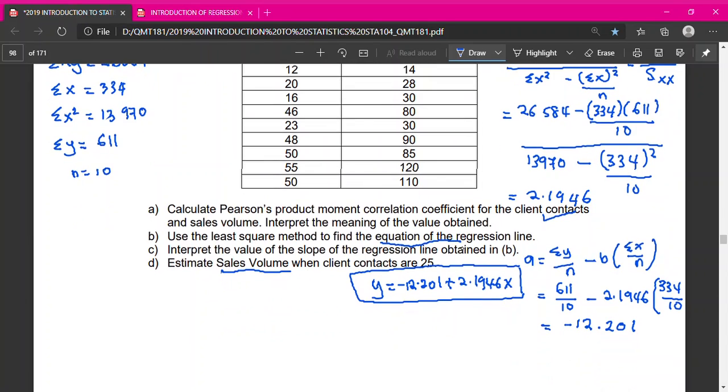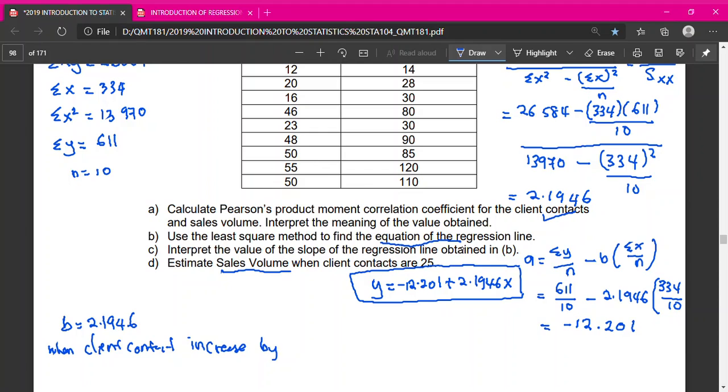So we can say that when client contact increase by 1%, ataupun when 1% client contact increase, boleh juga, then the sales volume, which is Y, will increase sebab positif.